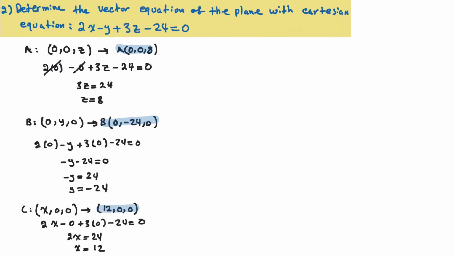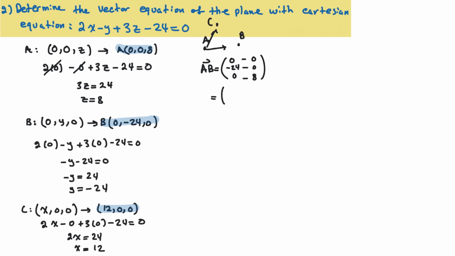Now that I have my points, I can start finding my direction vectors. So I have 3 points, A, B, and C. I'm going to find vector AB and AC. AB is going to equal the coordinates of point B, which are 0, negative 24, and 0, and I'm going to subtract the coordinates of A, which are 0, 0, 8.